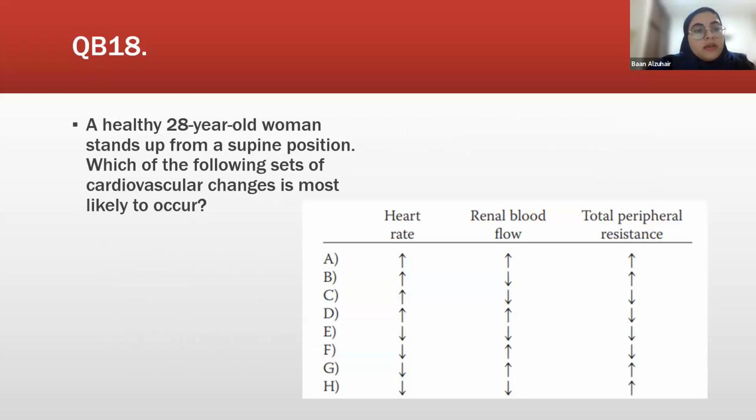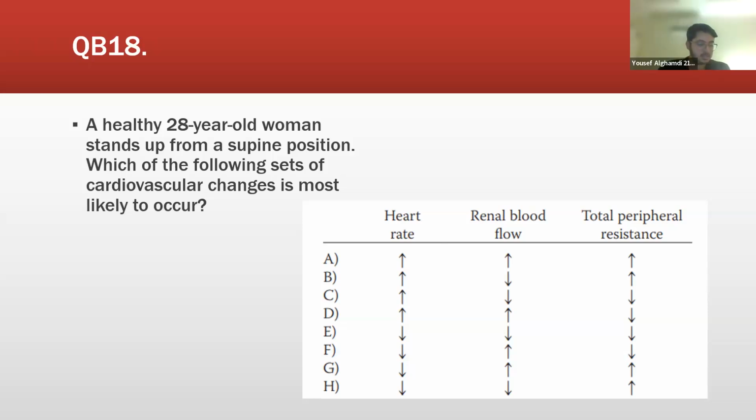A healthy 28-year-old woman stands up from a supine position. Which of the following sets of cardiovascular changes is most likely to occur? She has postural hypotension. What would happen? Okay.